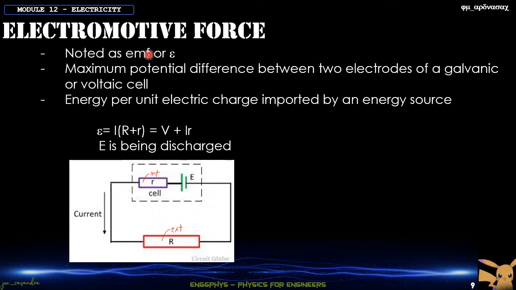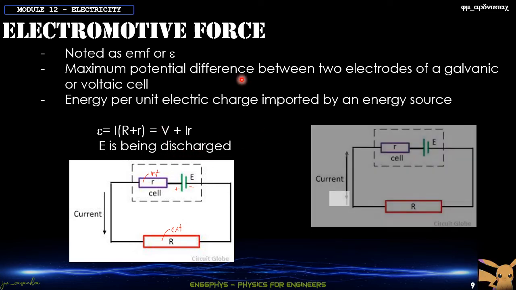Okay? So paano siya naging negative, positive? So, this is negative, this is positive. So, the current is moving in this direction. So, negative, positive. So, pag discharging, it is V plus Ir. Okay?